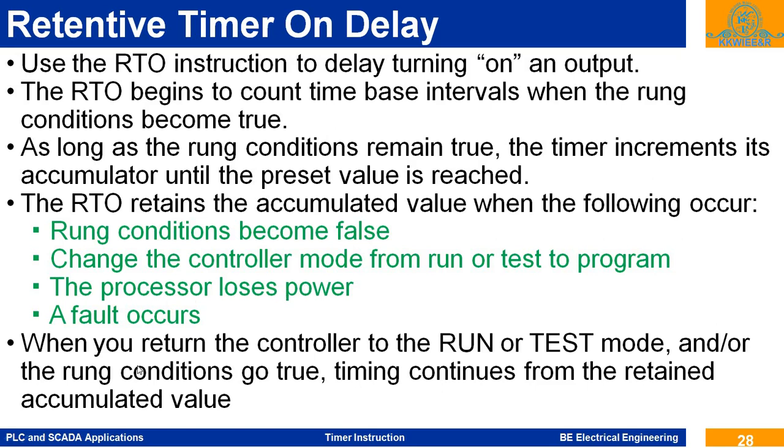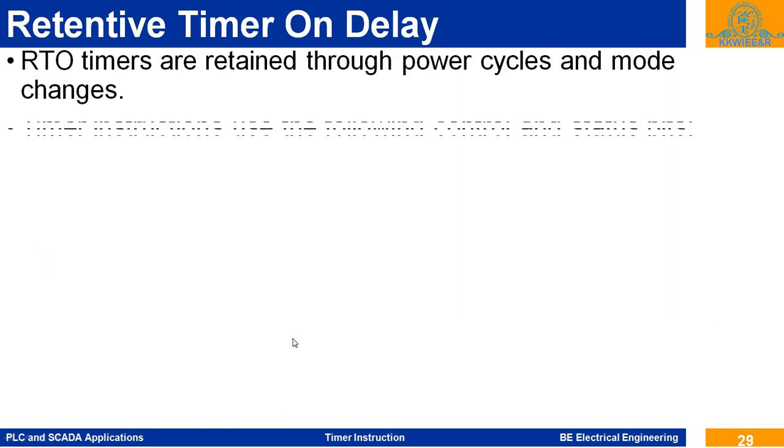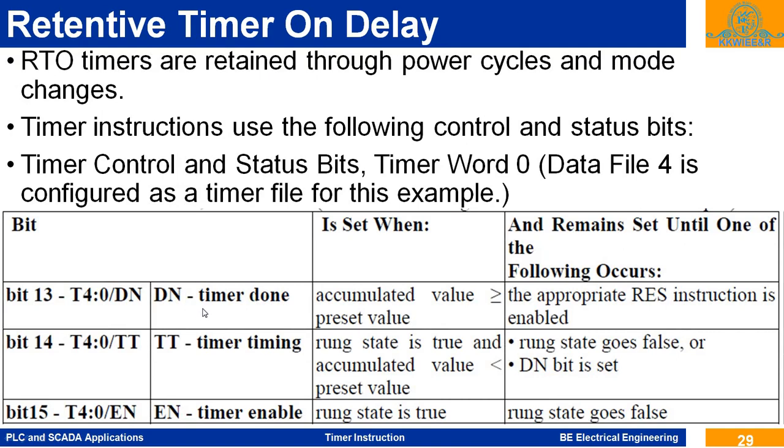So when you return the controller to run or test mode and the run condition goes true, timing continues from the retained accumulated value. Okay, so it will start incrementing from the previously retained value in the accumulator. Again, you understand how this accumulator retains the value and how it will start incrementing depending on the timer instruction being true or false.